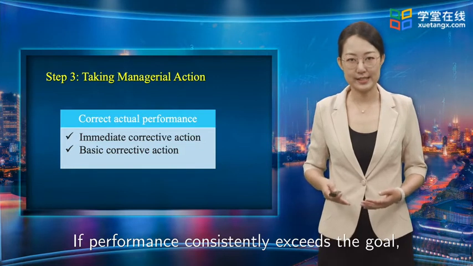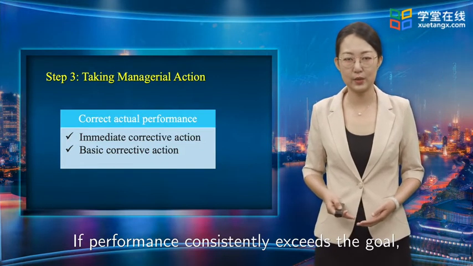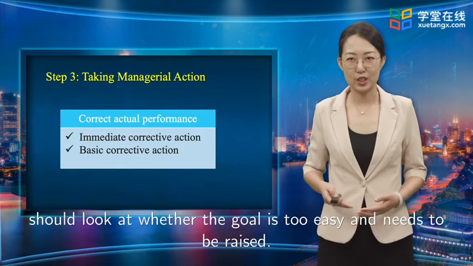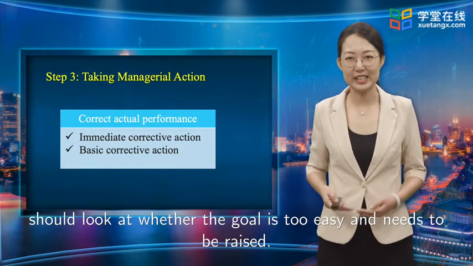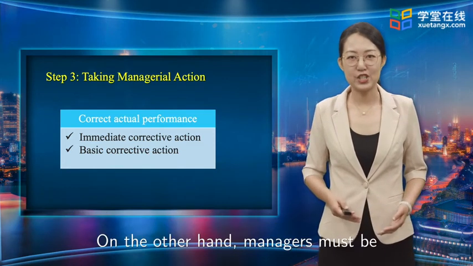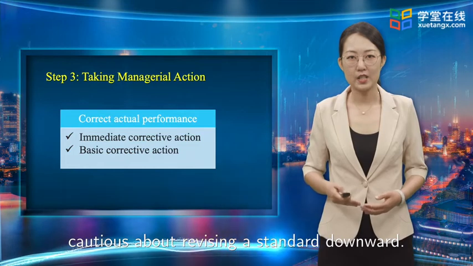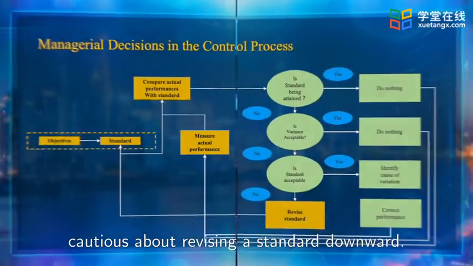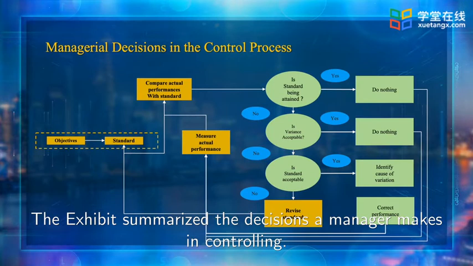If performance constantly exceeds the goal, then a manager should look at whether the goal is too easy and needs to be raised. On the other hand, managers must be cautious about revising a standard downward. The exhibit summarizes the decisions a manager makes in controlling.